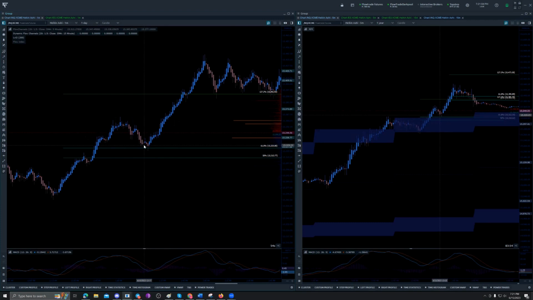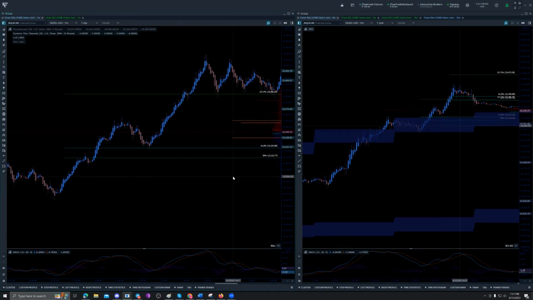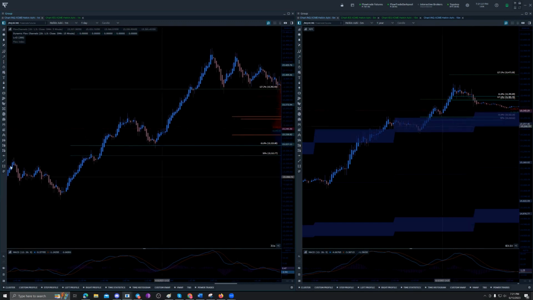Even if you have the level nailed, you're going red, you're going green, you're taking a wick, and before you know it, you're shaking out because you thought you were wrong. And then all of a sudden price takes off and you got to run and you missed it or whatnot. And I'm sure that happens to a lot of people. That's what happened to me when I didn't really understand executing and how to make my way into a trade or the whole approach.